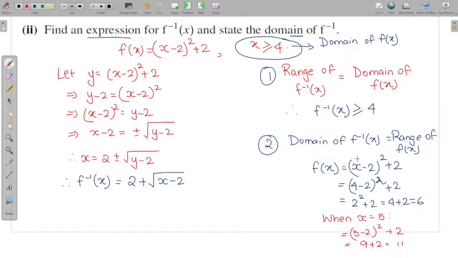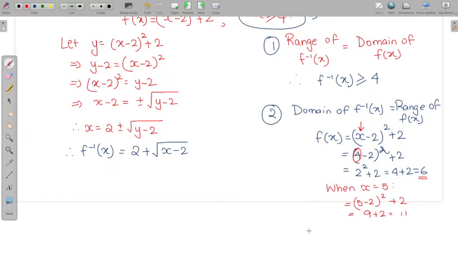And when the value of x was minimum at 4, we got f of x as 6. So you cannot have any value of f of x which is less than 6. So we can write that the range of f of x will be greater than or equal to 6, and whatever is the range of the function is equal to the domain of its inverse.